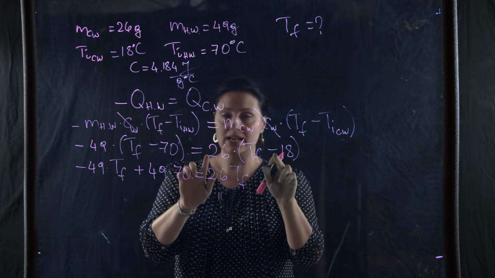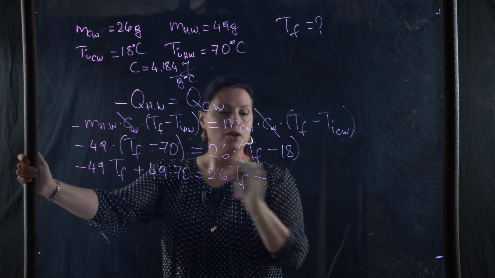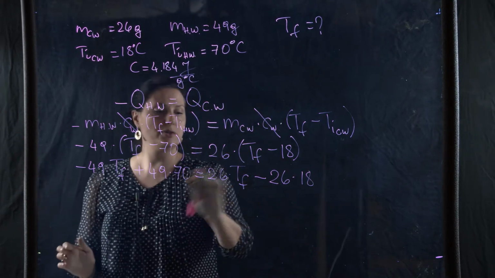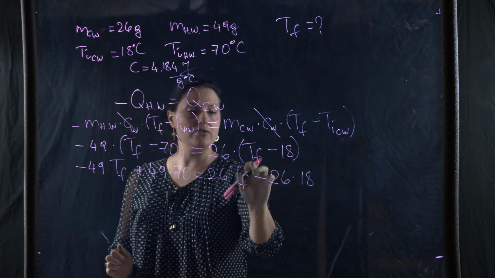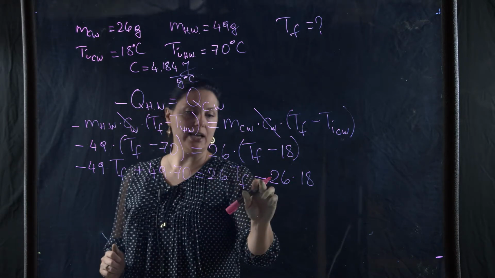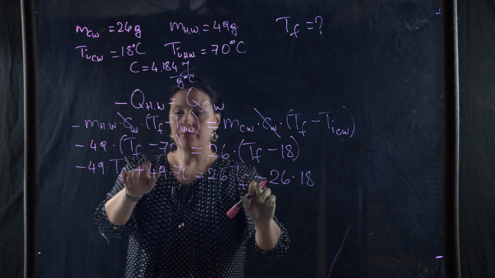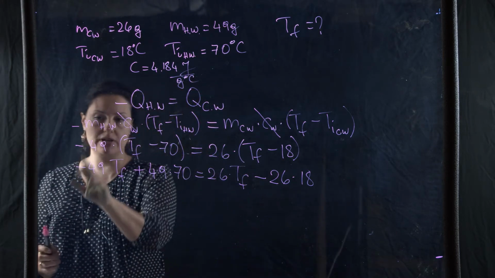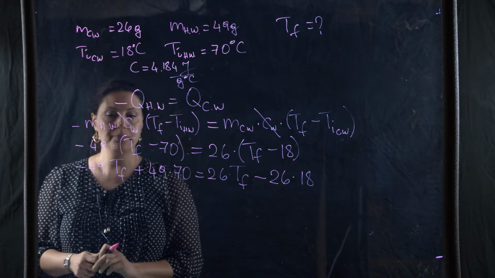Here I have a plus times a minus, so that makes a minus, 26 times 18. So I just distributed across. I multiplied each of these by the number outside, but I still kept those signs. Well, here I flipped it because I'm multiplying by a negative number.